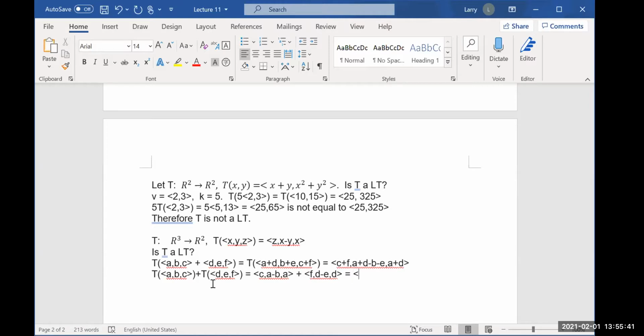And I get C plus F, comma, A minus B plus D minus E, comma, A plus D. Are they the same? Yes. The second component looks a little different, but they're not any different, right?